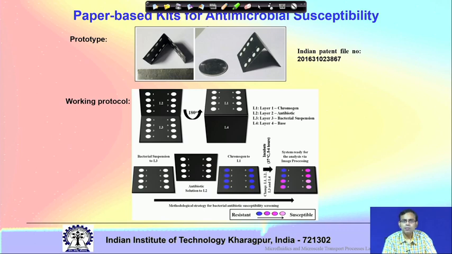Whether an antibiotic will work for a patient or not, we can find out by a simple low cost rapid test using the blood sample of the patient, confronting that sample with antibiotics and seeing whether a particular antibiotic is working in killing the particular bacteria or not, and for that simple low cost paper based devices can be used.